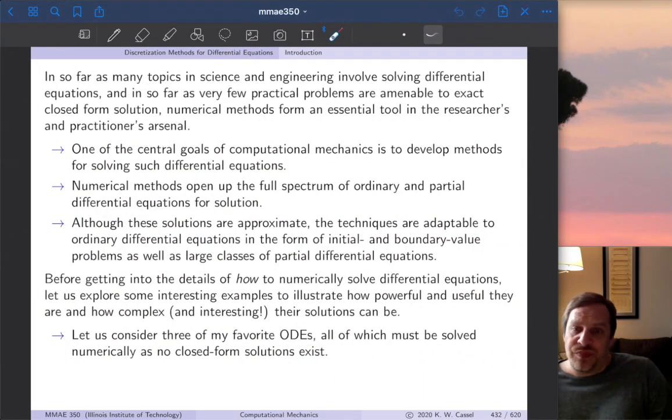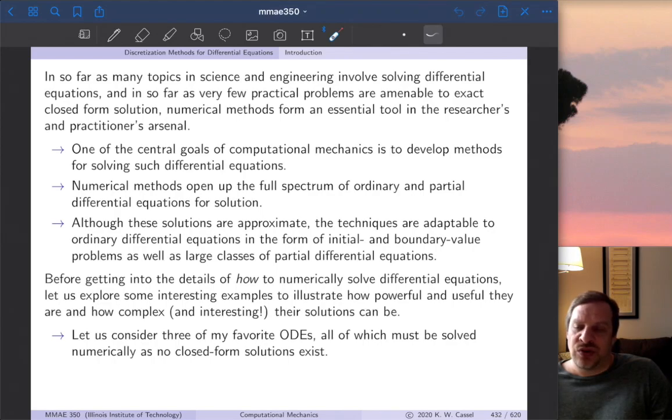Okay, so what we need to realize is differential equations are everywhere in engineering and in physics and in chemistry and biology and so on, and the vast majority of them cannot be solved using the techniques that you learned in Math 252.